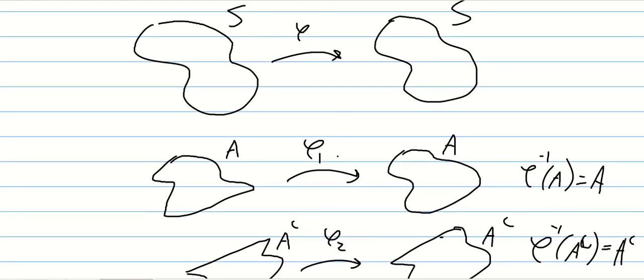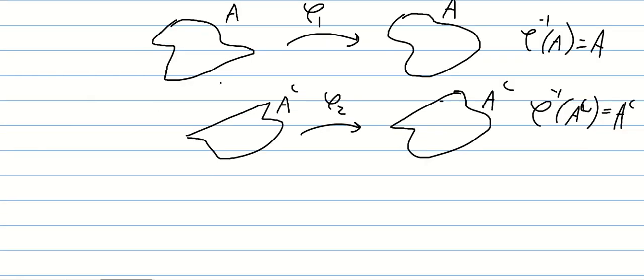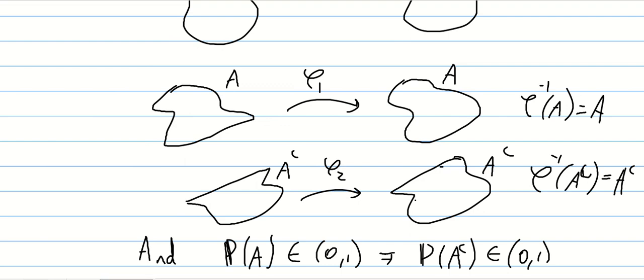So this ergodic decomposition is not what we are claiming here. This is a theorem that we can prove, but what we are saying here is that, okay, if it's not ergodic, it means that you can at least split into two, and more importantly, the fact that probability of A belongs to (0, 1) implies that the probability of A complement also belongs to (0, 1). So you decompose the space in a non-trivial way.